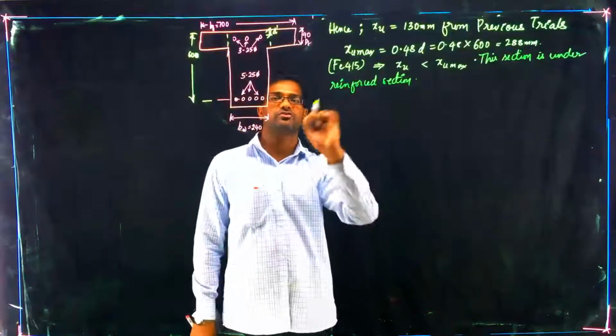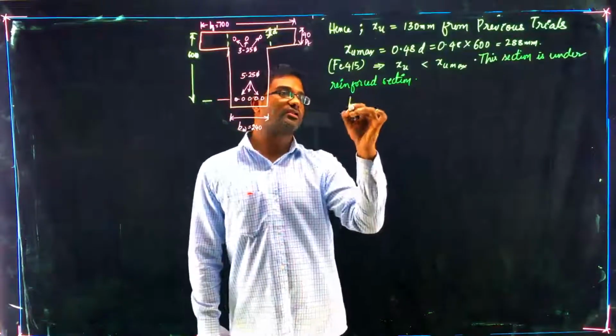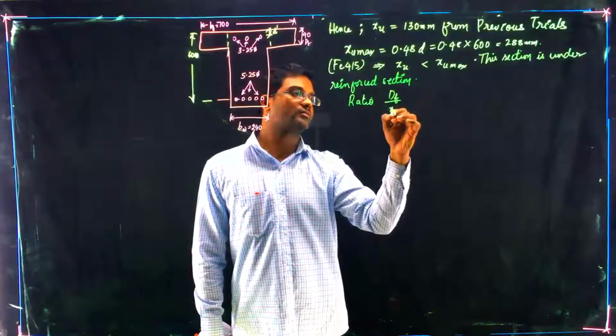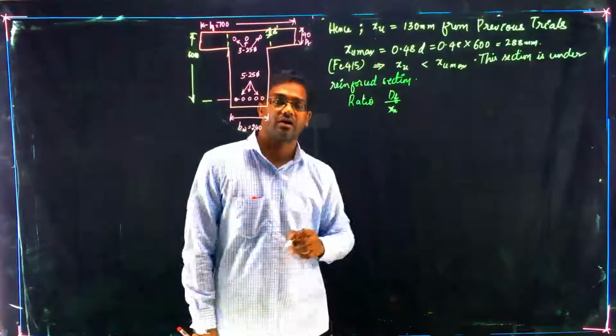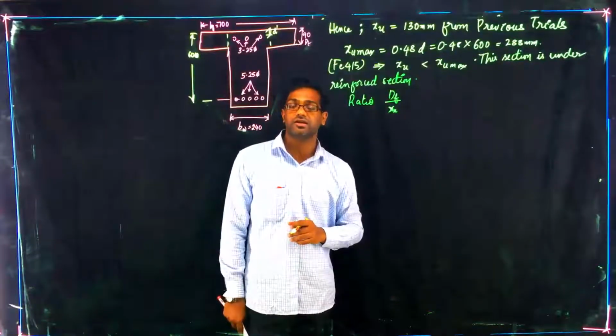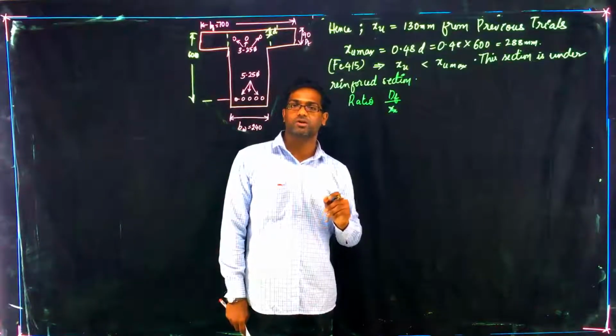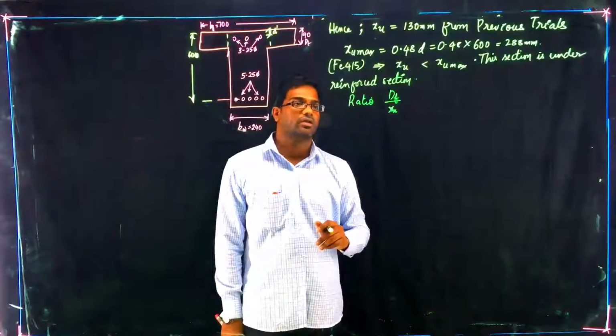When it is an under reinforced section, we need to calculate the ratio DF by XU as per code G2, clause number G2.3.1.